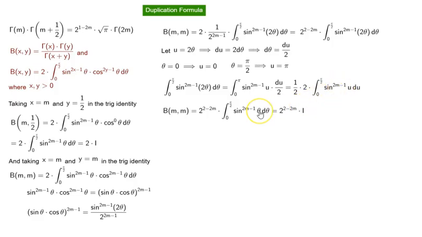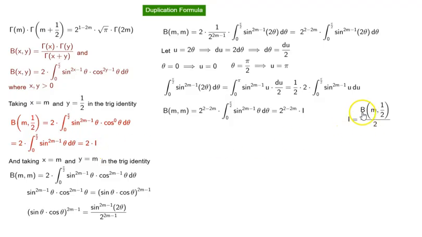So we change u to theta. Remember here, this I is this integral and this integral and this integral are the same. So we can say beta of m comma m is equal to 2 to the power of 2 minus 2m times I. Looking at this, we have beta of m comma half equal to 2I.